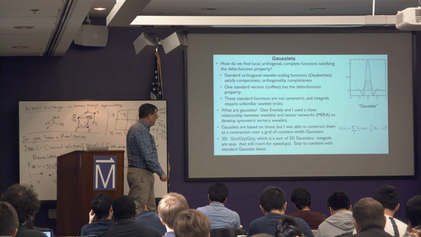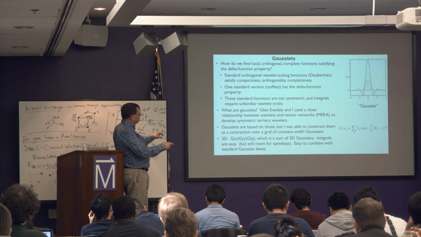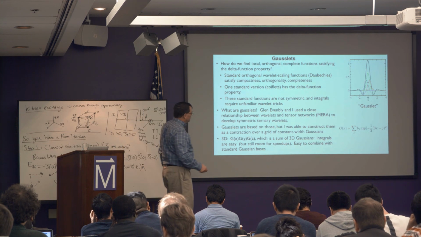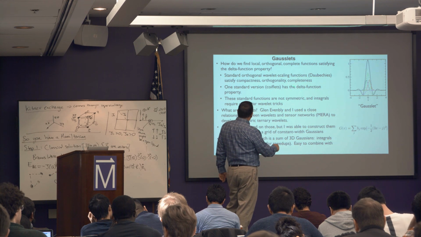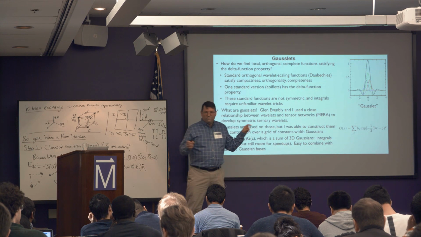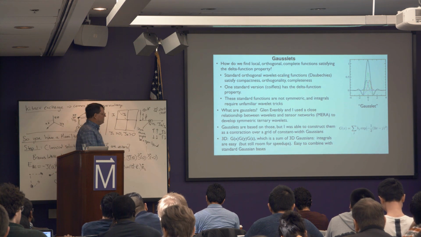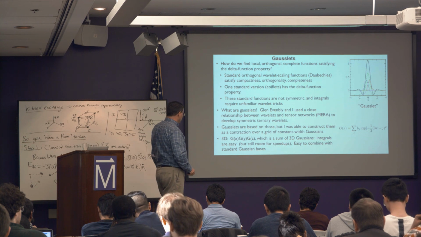That was the first analytic MERA that people wrote down. Then we also did the reverse, where we used ideas from tensor networks to design nicer wavelets. The main thing we wanted was a symmetric wavelet, and the standard theory produces unsymmetric wavelets. So we use these as the starting point for making these Gauss-let functions.